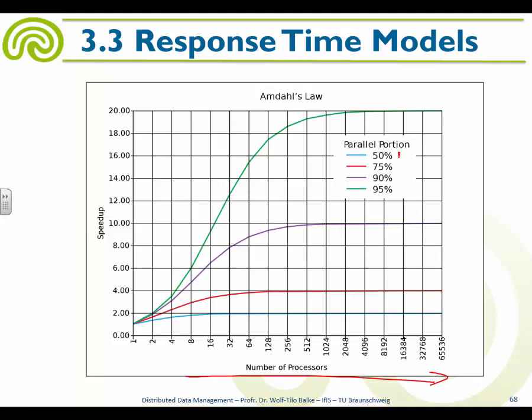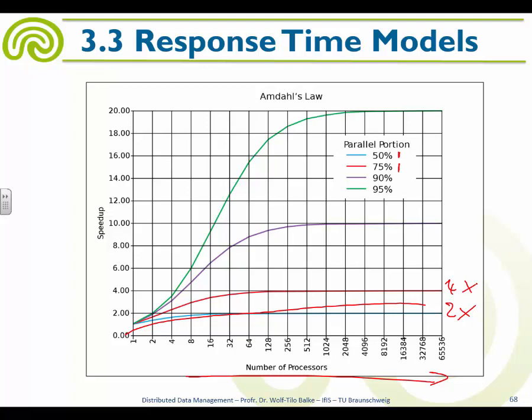You see, if you have 50% of sequential code and 50% of parallelizable code, then the maximum speed up that you will gain is basically 2 times. If you have only 25% of sequential code and 75% of parallelized code, you get 4 times already, right?